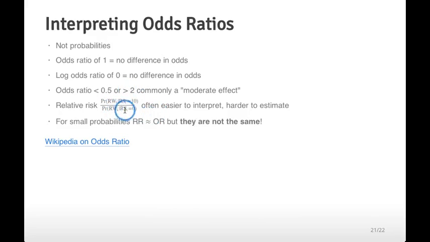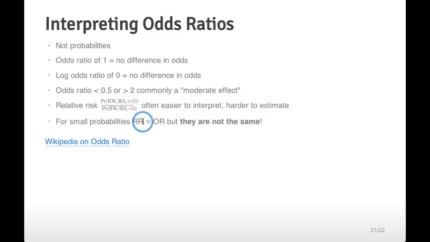The relative risk is something that might be easier to interpret. In other words, what's the ratio of the probability of a Ravens win for different values of the Ravens score? This is easier to interpret because it's not odds that we're taking in a ratio here. We're just taking the ratio of two probabilities.